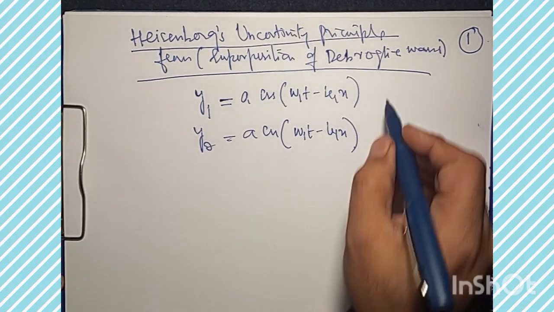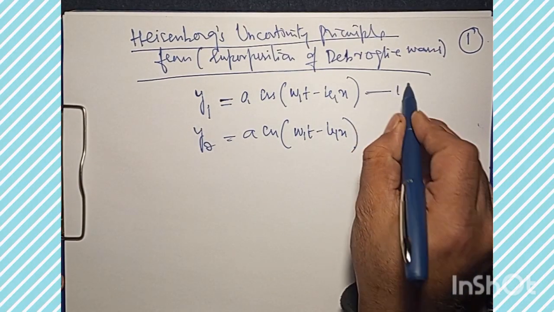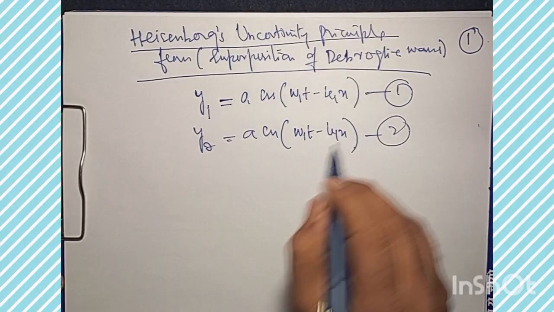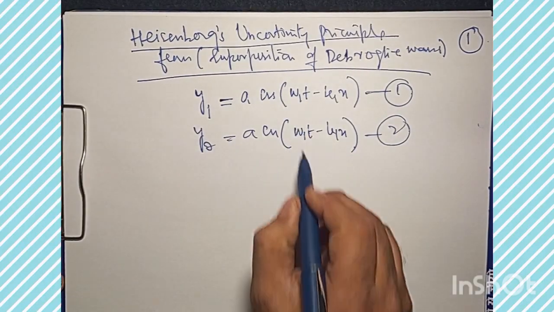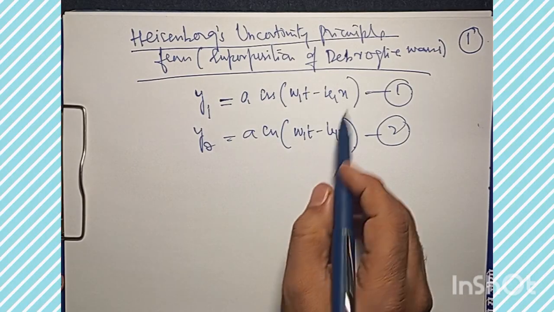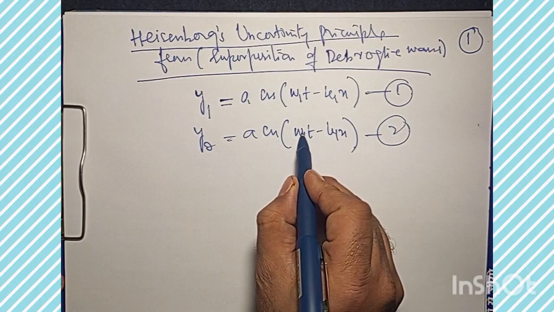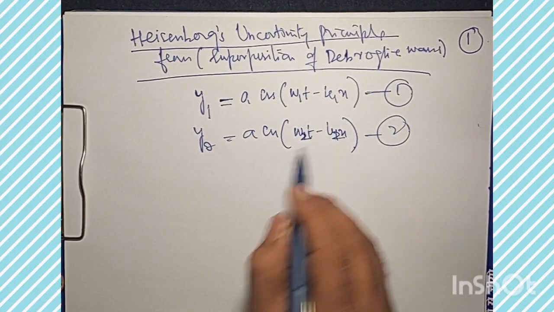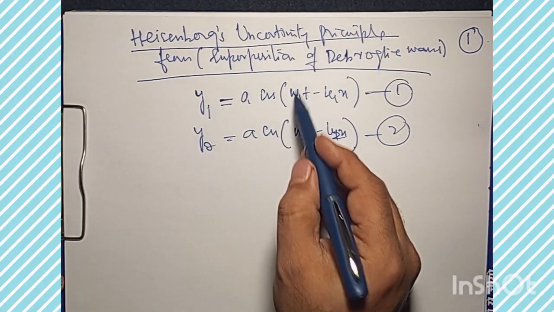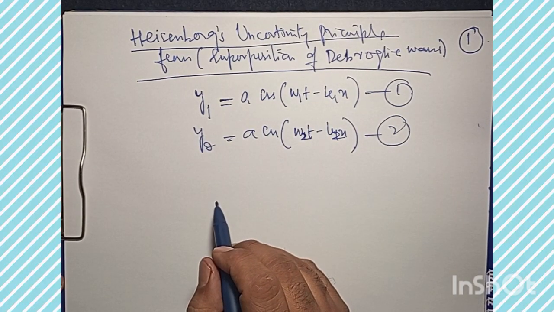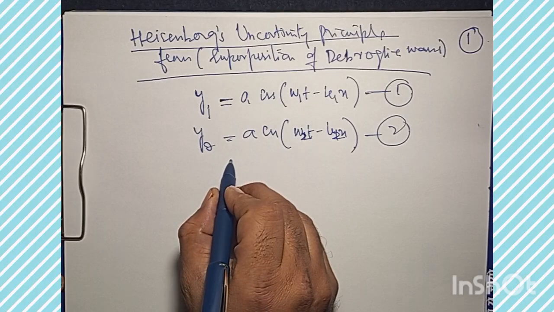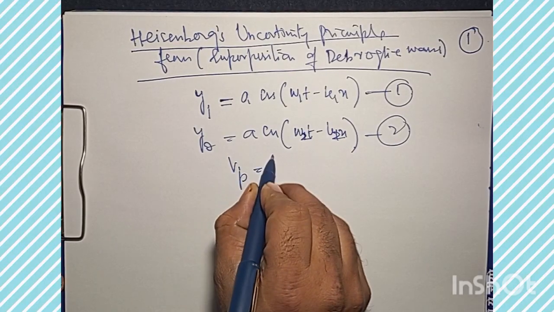In these two equations, if I consider this as equation 1 and this as equation 2, the ratio omega 1 by k1, or omega 2 by k2, gives us the measure of the phase velocity, because the phase velocity is omega by k.